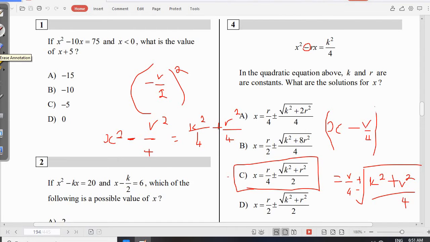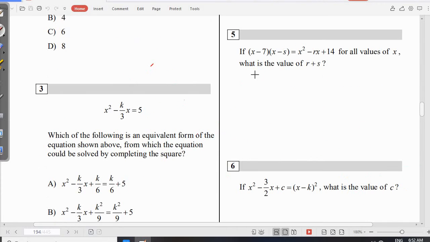Okay, so let's go. On question number 5: if (x minus 7)(x minus s) equals x squared minus rx plus 14 for all values of x, what is the value of r plus s? From x equal to 7, x equal to s, that will give you x squared minus rx plus 14.